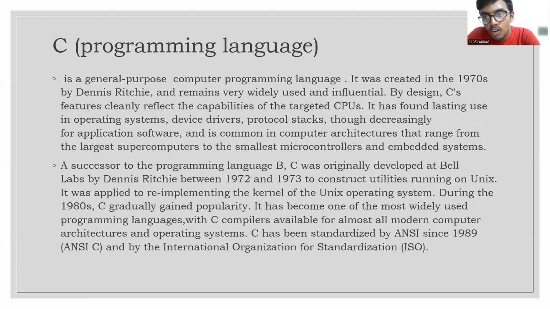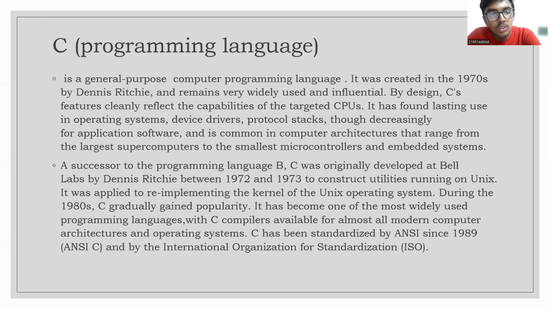It has found lasting use in operating systems, device drivers, protocol stacks, though decreasingly for application software, and is commonly used in computer architectures that range from the largest supercomputers to the smallest microcontrollers and embedded systems.